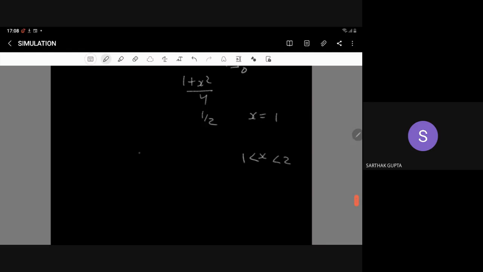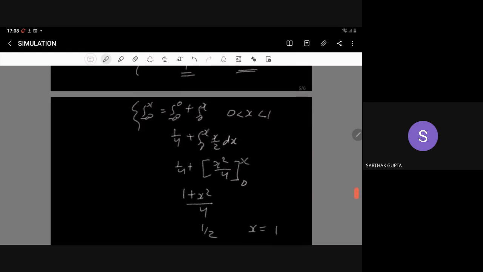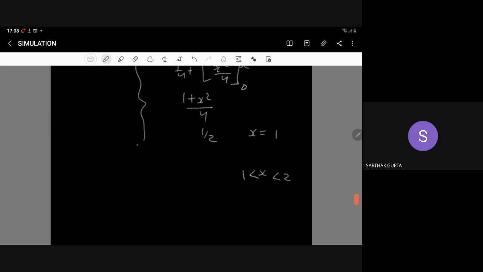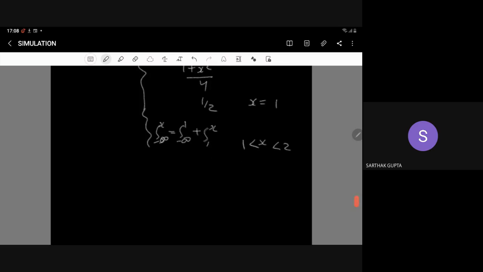Now when x is greater than 1 but less than 2, the integral from minus infinity to x can be written as minus infinity to 1 plus 1 to x. For minus infinity to 1, it is the half.